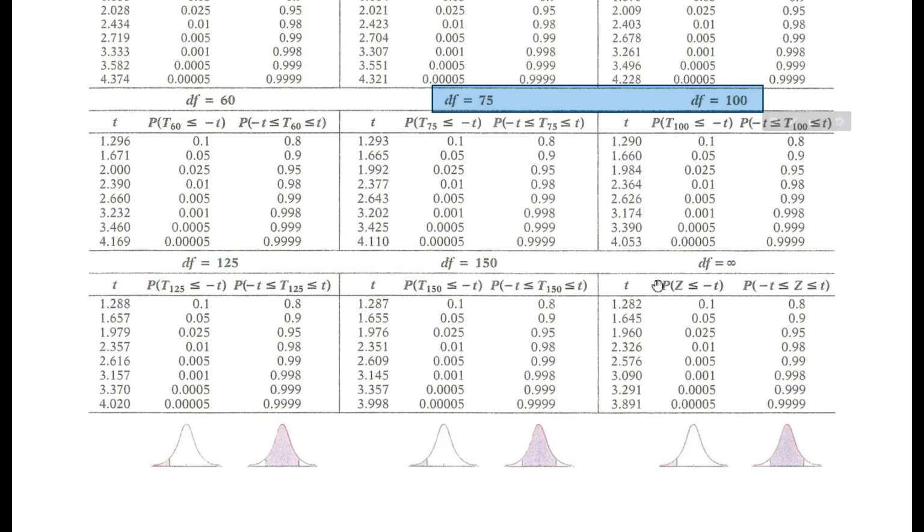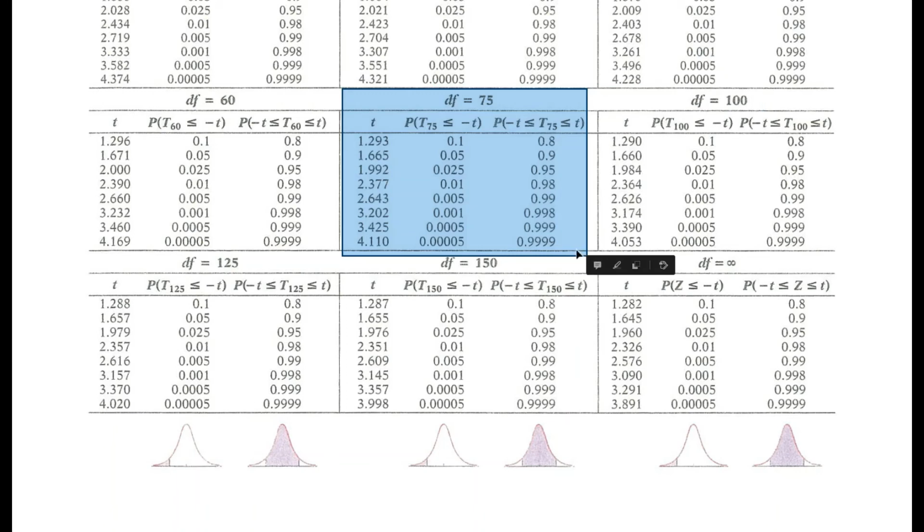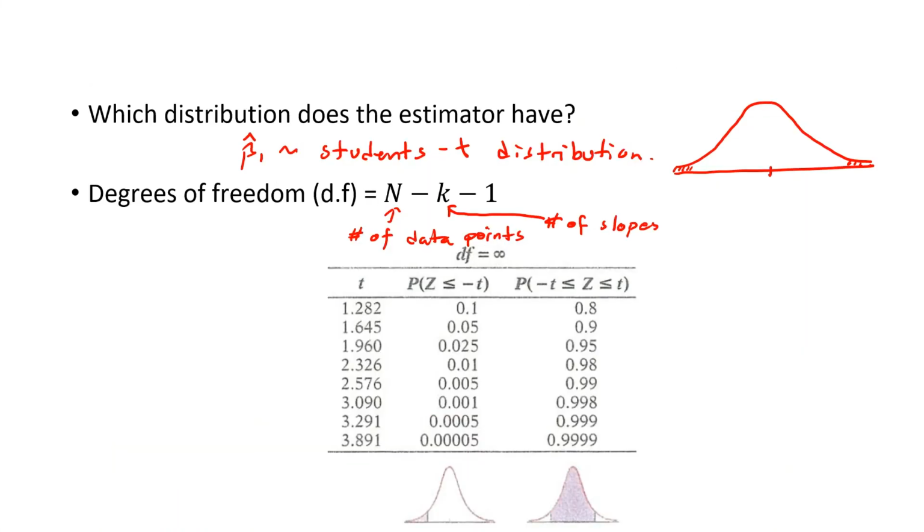Not the case when you choose to use the df equals infinity, but in every other case you round downwards, because then you get a more conservative estimate. But in our case, our t-value equals 2, which means that we get something between these two critical t-values.